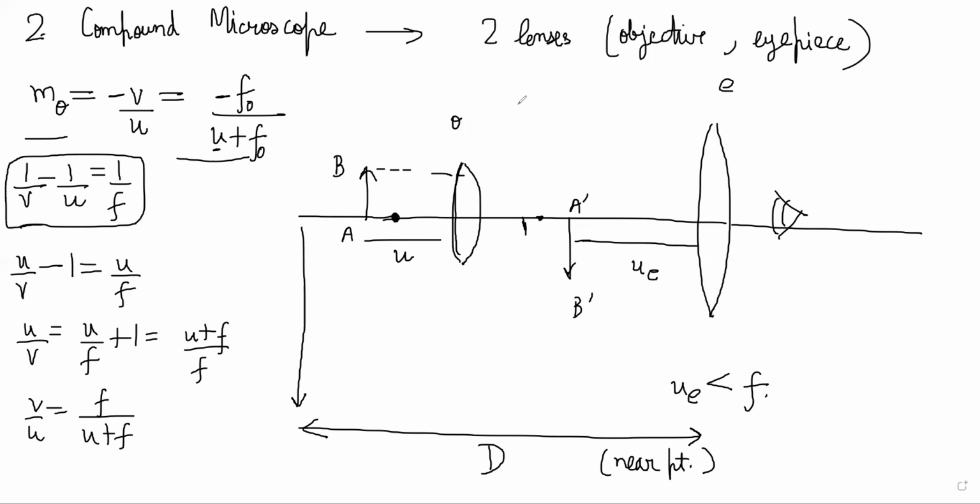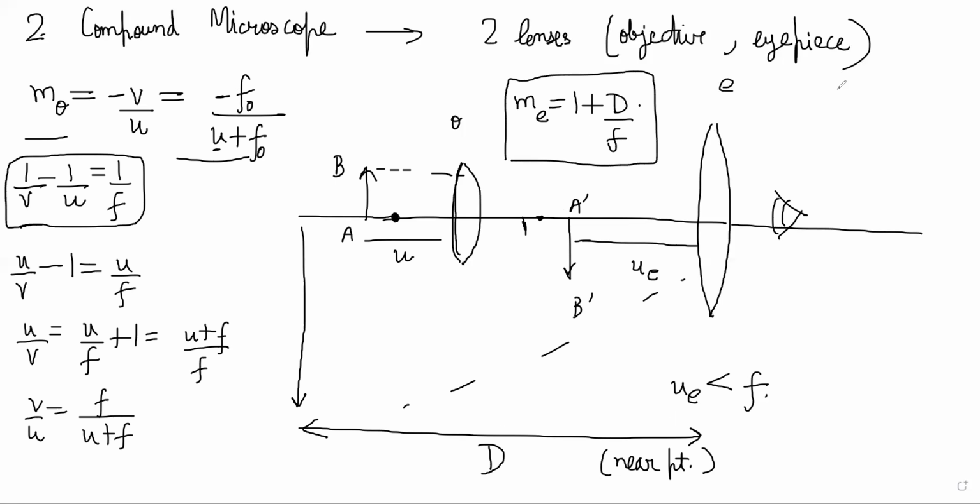And magnification due to the eyepiece. Now, the eyepiece acts like a simple microscope, and this is the case when we are doing near point vision, looking at it from the near point. So that will be 1 plus d by f.